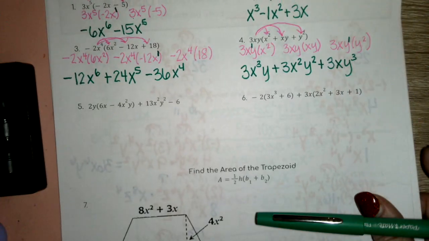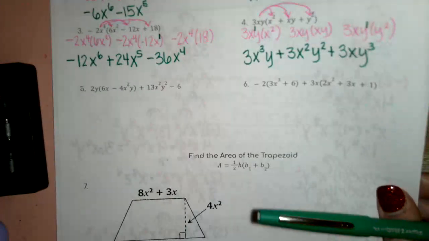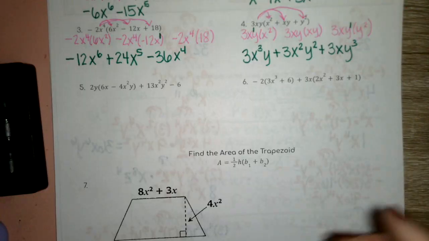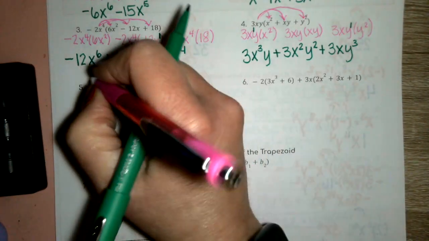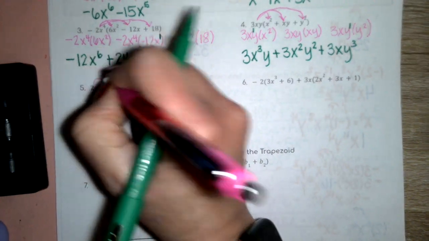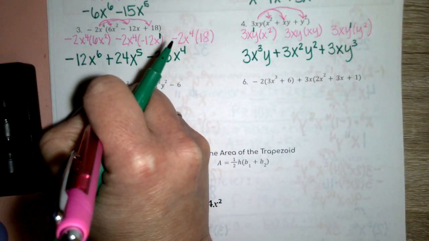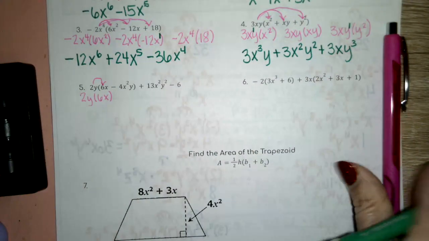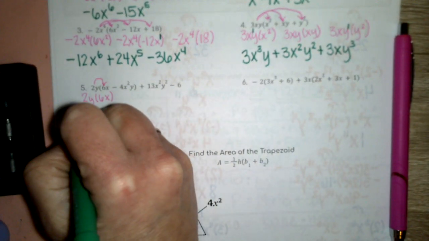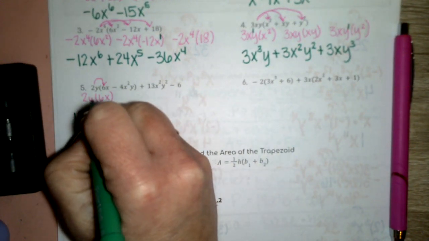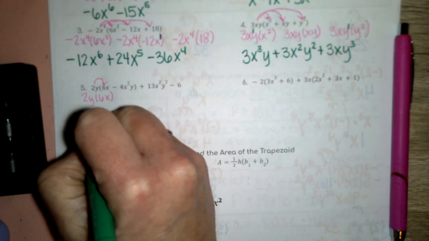Number 5. We have 2y times 6x. And that gives me 12. And it needs to go in alphabetical order. So the x comes first.